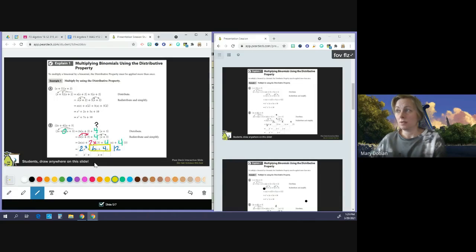And so when I write my final answer in, we have 2x squared, 6x plus 4x gives us 10x, and then plus 12. Okay, I can't combine anything else together because I've combined all the like terms that I possibly can.